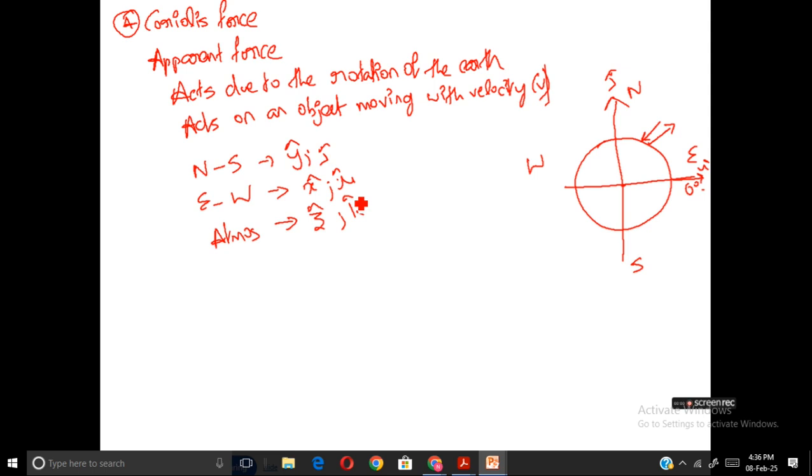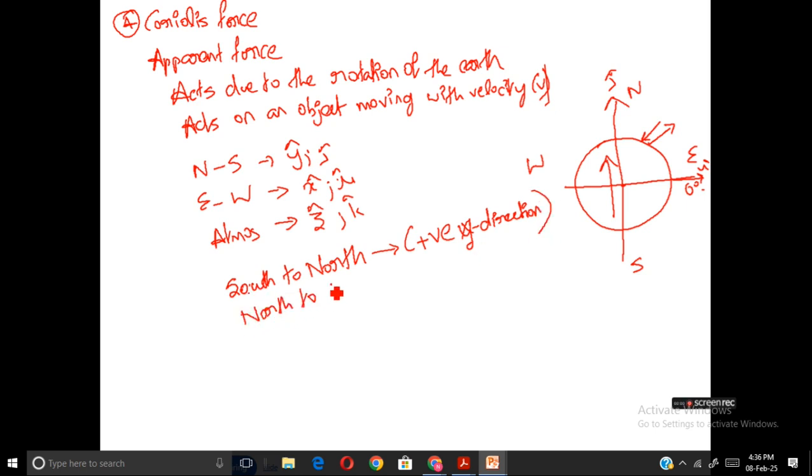Now let's look at the sign convention, which is positive and which is negative. Suppose a body is moving from south to north. This is considered the positive y direction. Now suppose a body is moving from north to south.